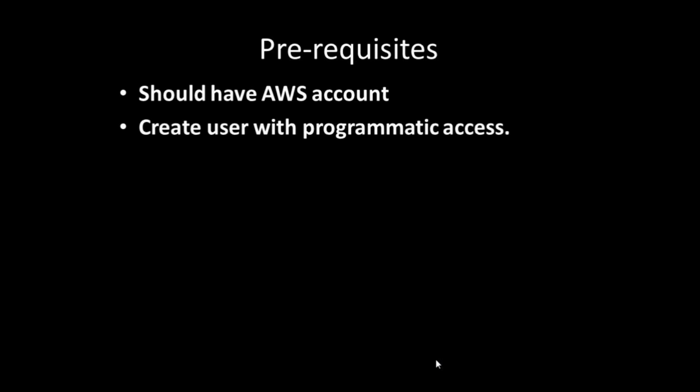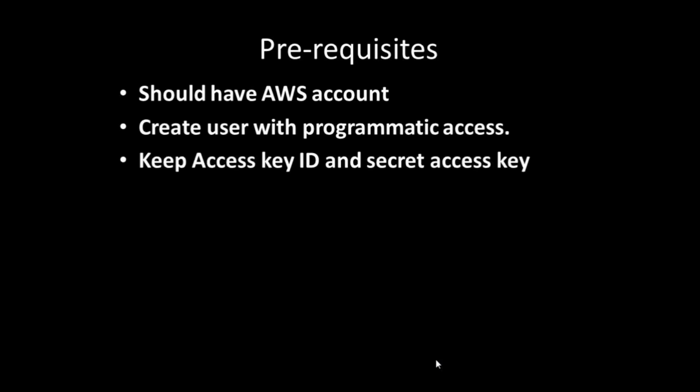programmatic access. So basically you can access AWS services in multiple ways. One is through the management console, or you can also access through the command line, that is CLI, command line interface. But when you want to access through programs, then you should give programmatic access to a particular user.